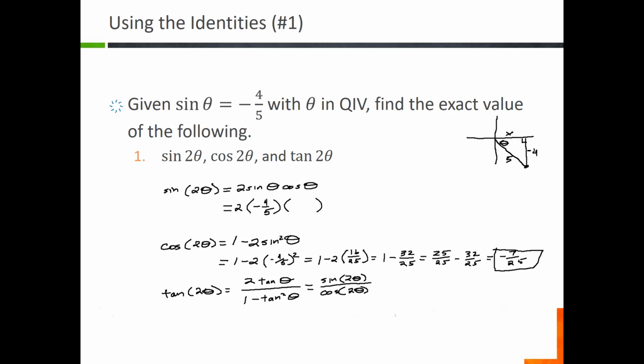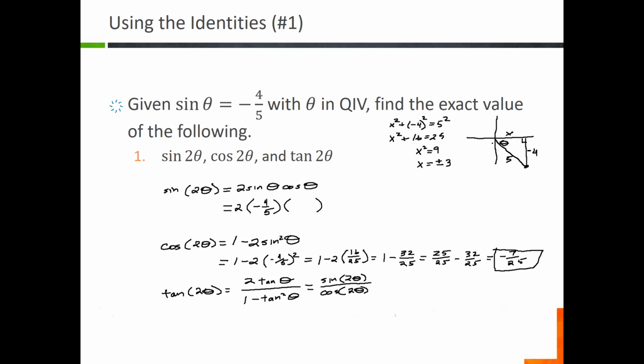So the 4 has to be negative because we're going down, and then we have to find x, which we did as an example similar to this in the last video lesson, but we're just going to do the Pythagorean theorem. So x squared plus a negative 4 squared has to equal 5 squared. So x squared plus 16 has to equal 25. That means x squared has to equal 9. And so x could be plus or minus 3.